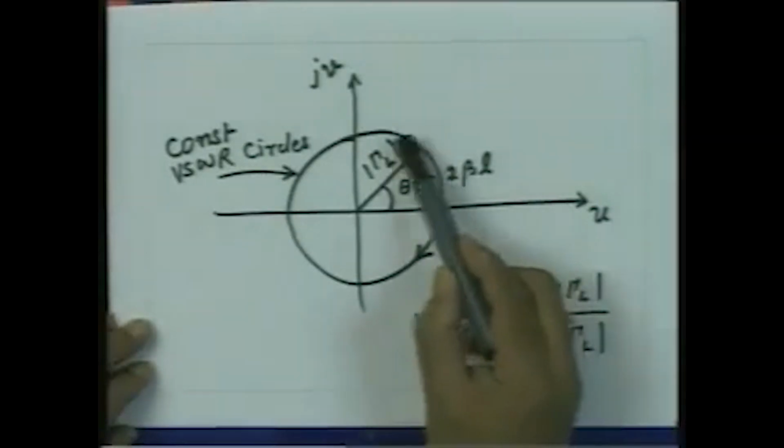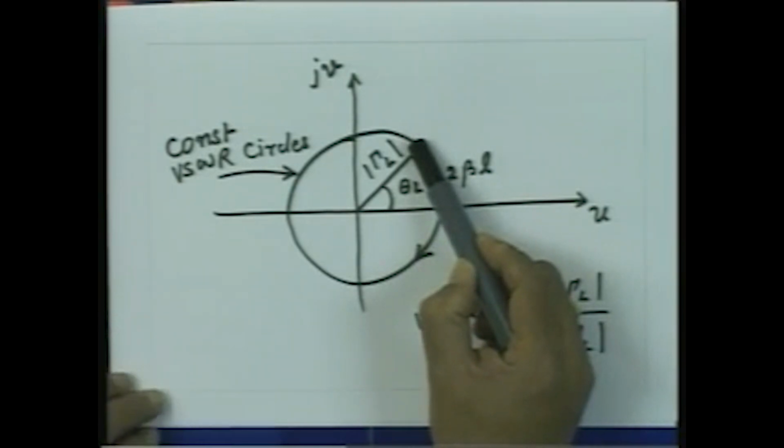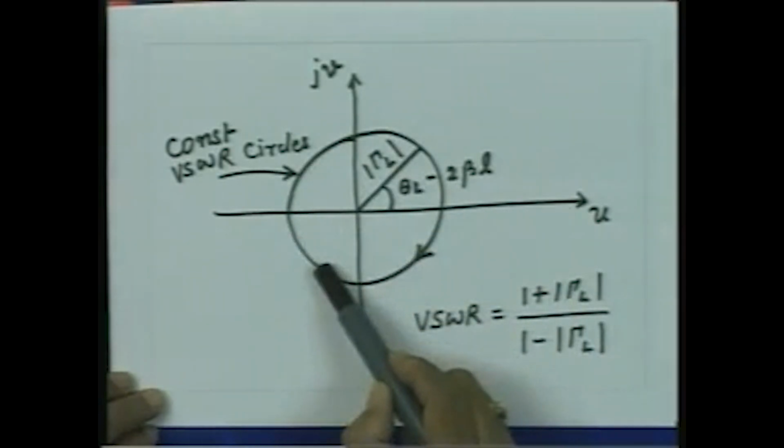So, what essentially we are saying is, if I take the gamma plane as we did earlier here, and I take certain value of the normalized impedance, I get a reflection coefficient here. If I take the same normalized value for the admittance, the point has to rotate by 180 degrees.